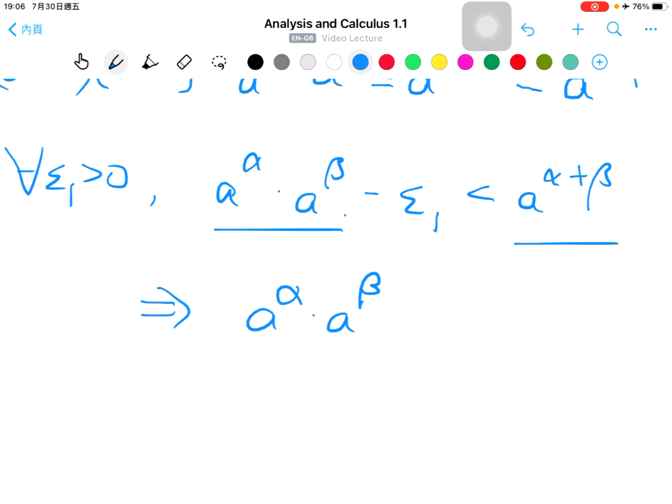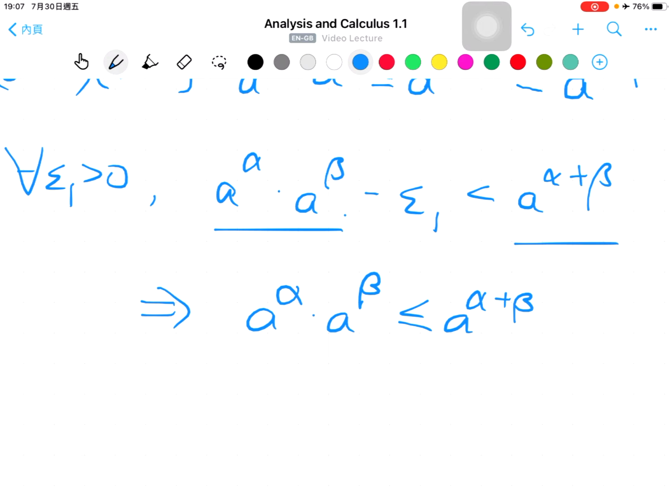If it's originally smaller than that thing already, then no matter what you subtract, as long as you're subtracting a positive number, it's still going to be smaller than a to the alpha plus beta. But can they be equal? Yes, because when they are equal, if you subtract something from one side, that side's going to be smaller, right? So they can be equal as well.